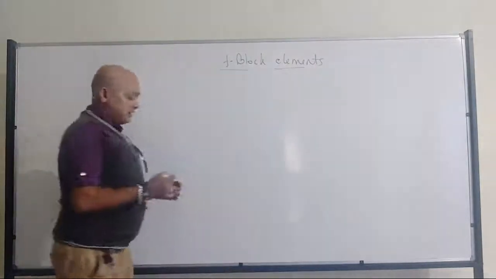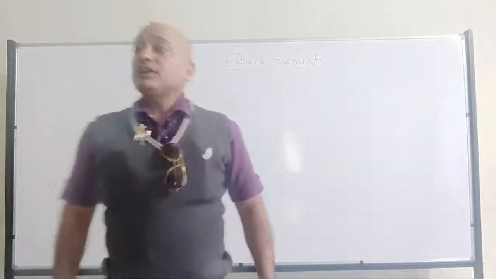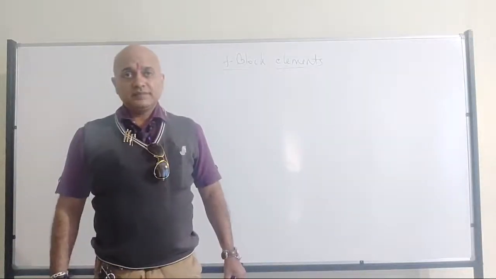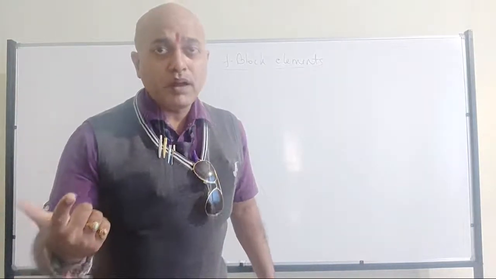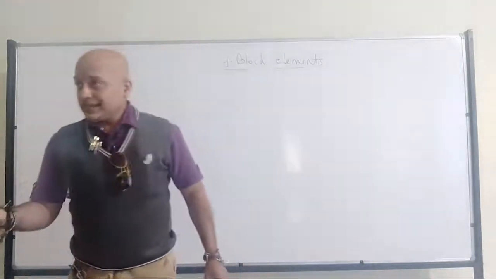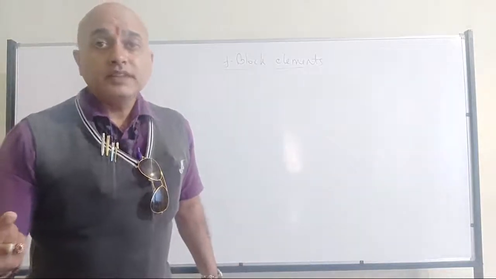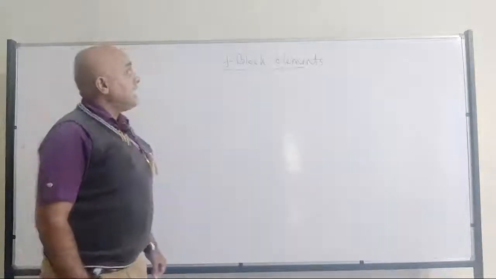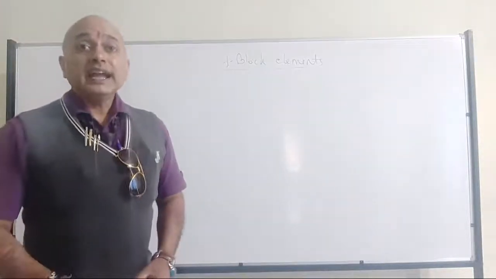Now when I am talking about F block elements, why are they called F block elements? We have discussed S block, P block, then D block. Now we are entering into the last part in the periodic table, that is F block. So why should they be called F block?